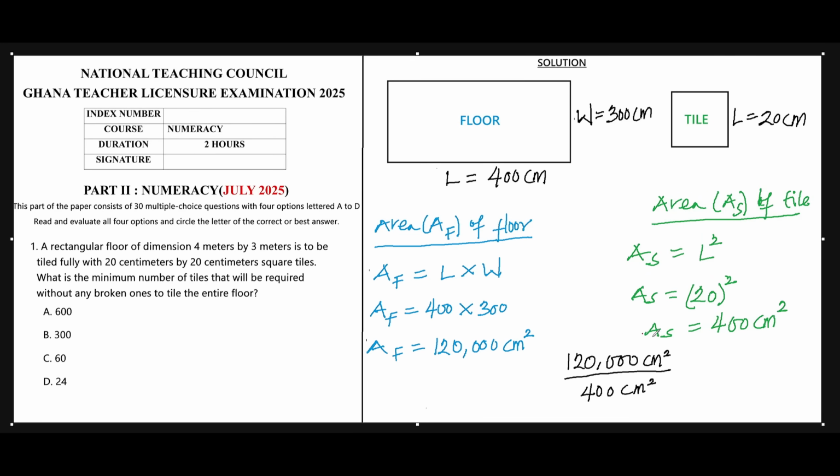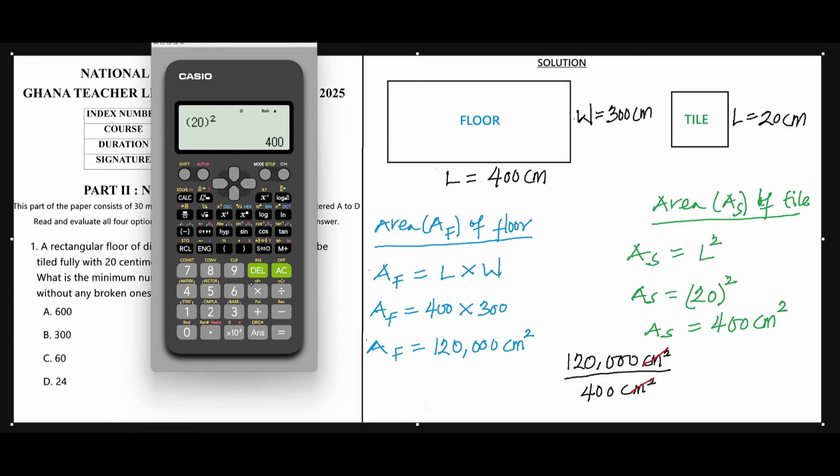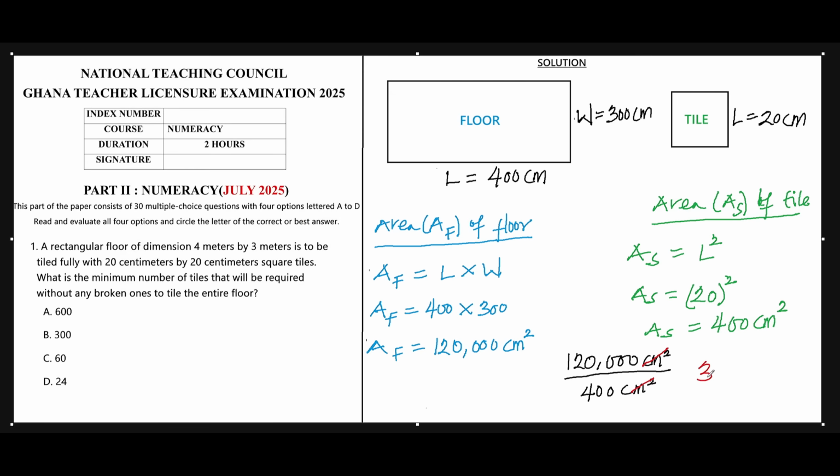Now we know that the centimeters squared will cancel out. So let's see. We have 120,000 divided by 400, 300. So we need 300 tiles. So we select option B.